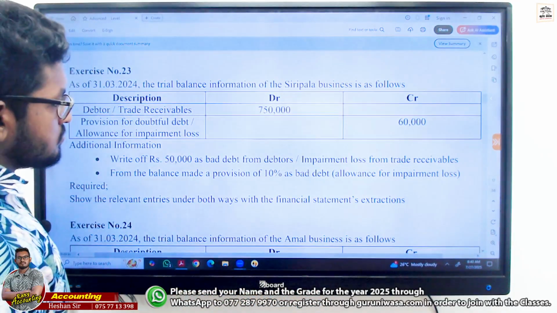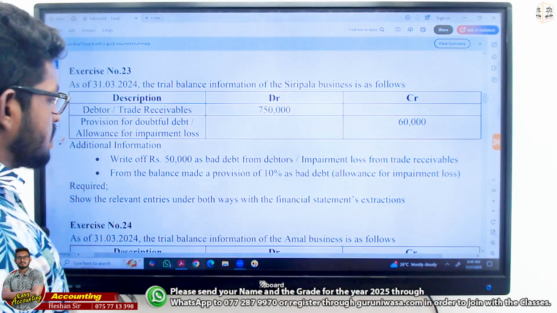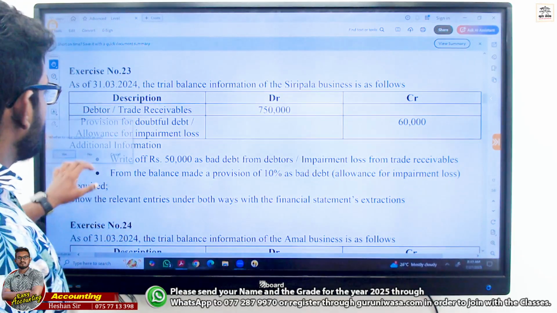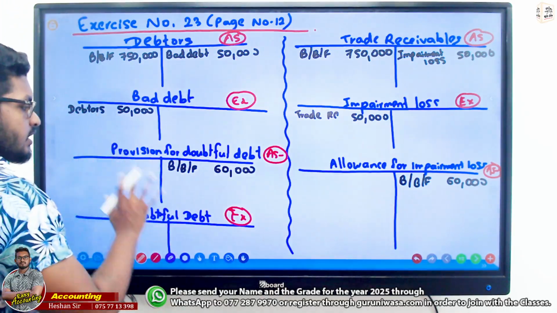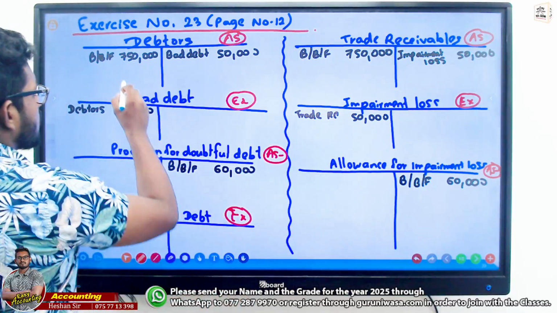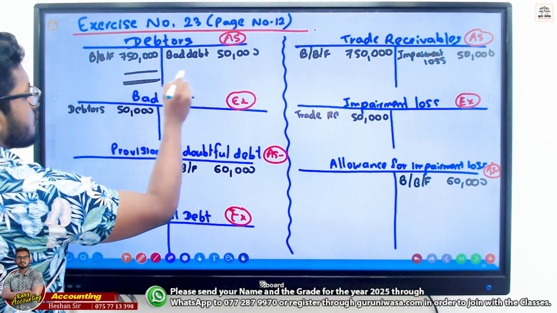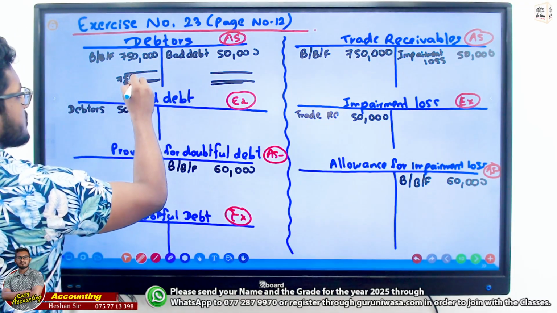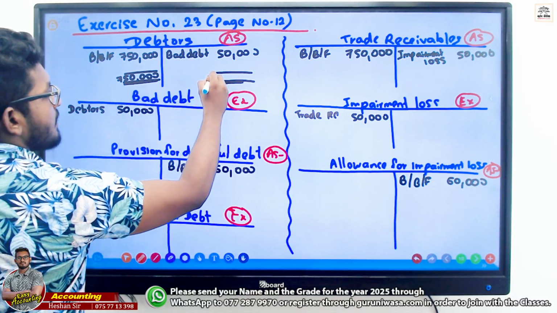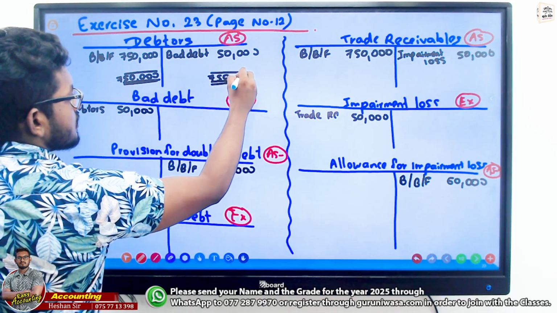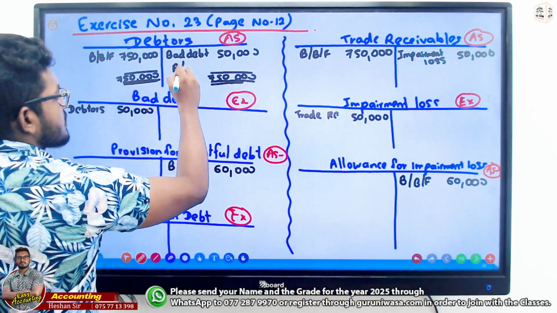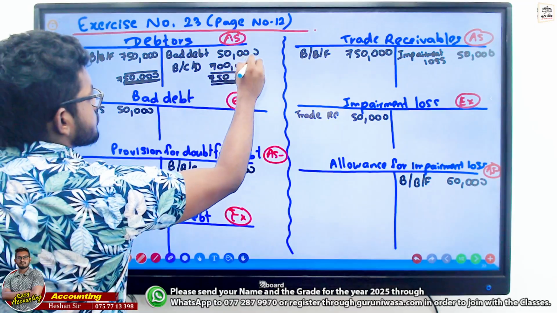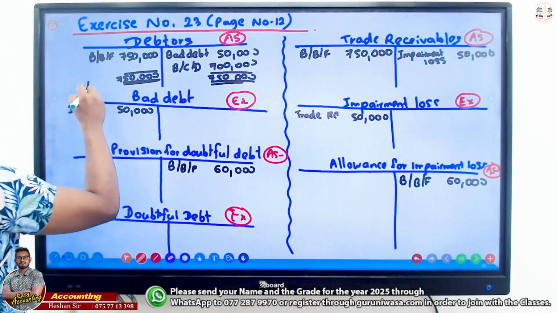Now the next one, from the balance make 10% as doubtful debt. Now you know we identify doubtful debt from the rest, not from the 750. We identify it once we deduct the bad debts. I told you, right? We make the provision for doubtful debts on the amount after cutting bad debts. It's 700,000.